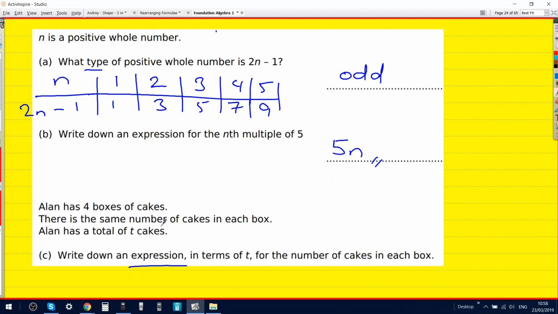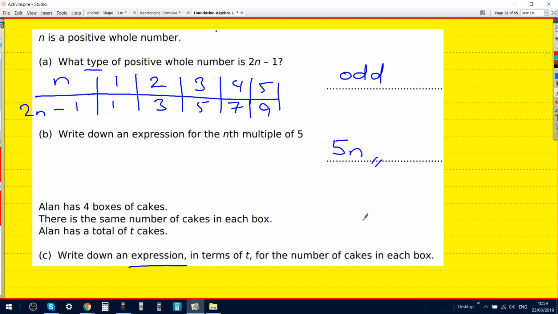So there's a total of T cakes. She has 4 boxes. So how many's in one box? So that'd be 4 divided by T. T is the total. The same number of cakes in each box, 4 boxes of cakes.